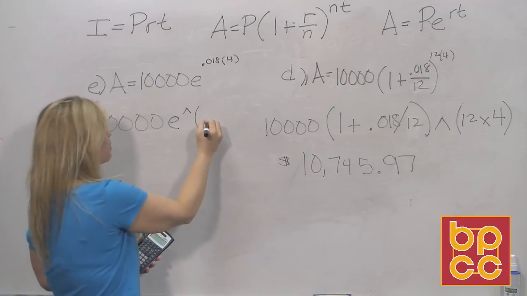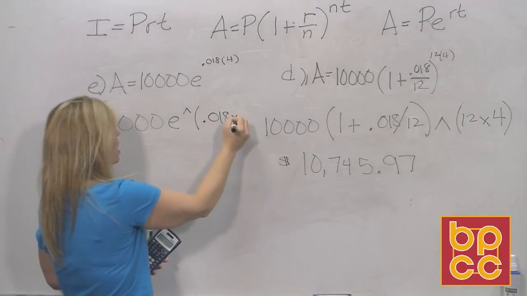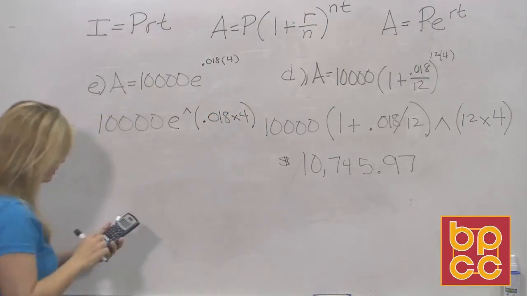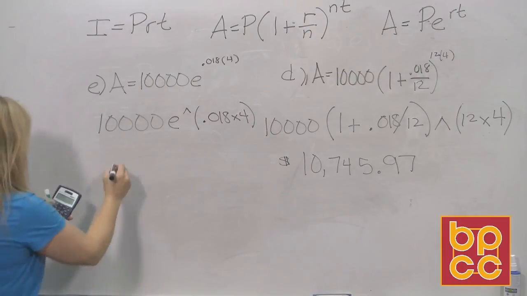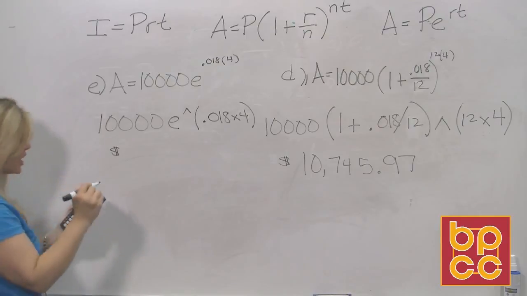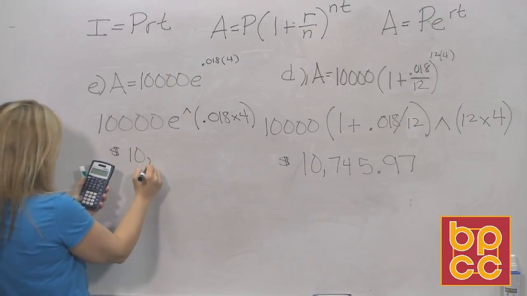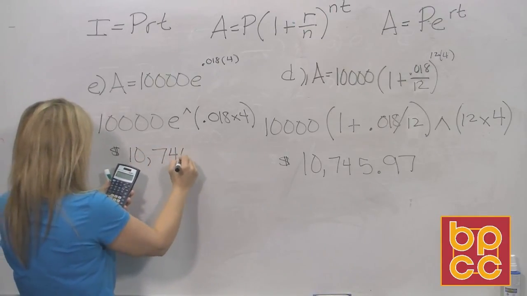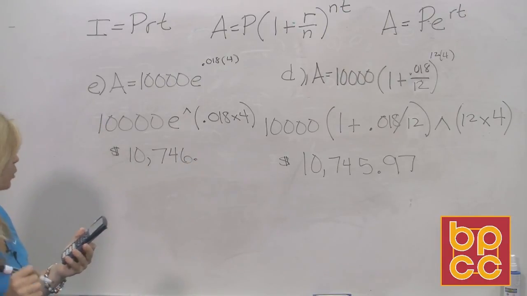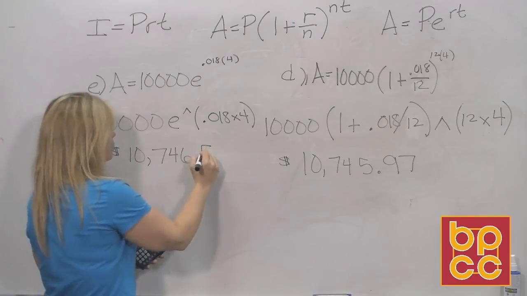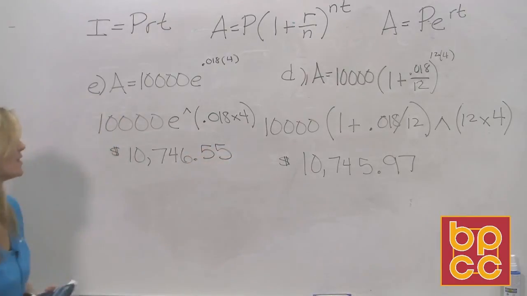So all I've got to type is 0.018 times 4 and close it. And hit equals. If I got interest continuously, I would make $10,746. I see 55 cents with a 3 behind it. So the 3 means it would stay the same, 55 cents.